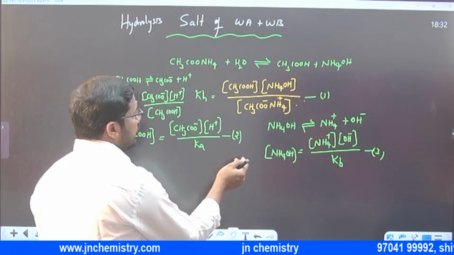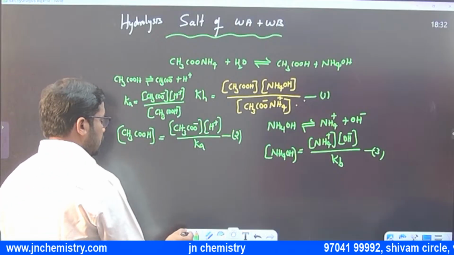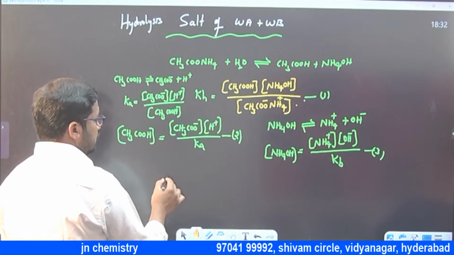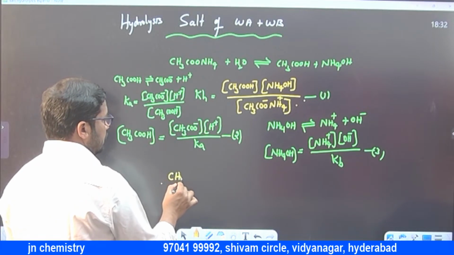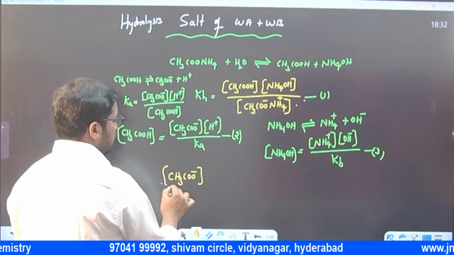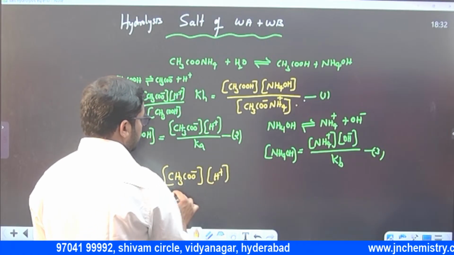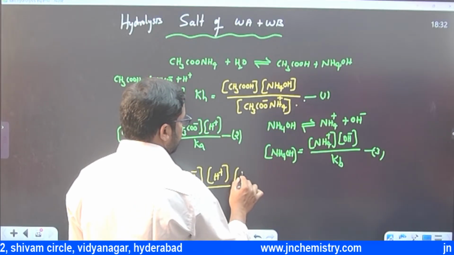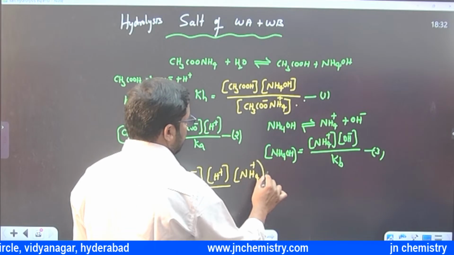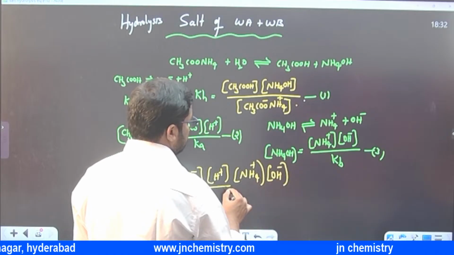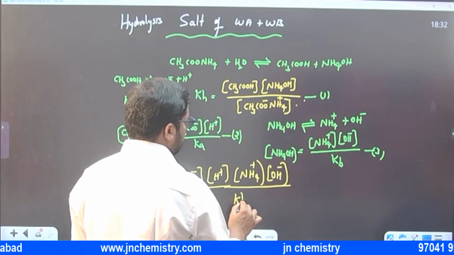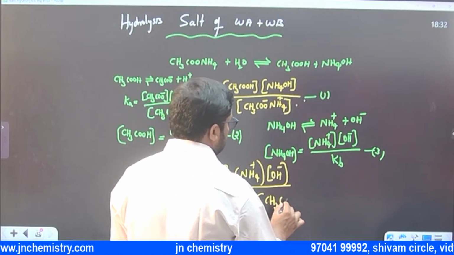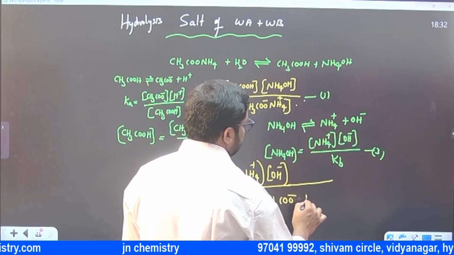I told you how to do yesterday, but I don't know whether you did or not. So CH3COOH, this one, no? CH3COO minus H plus ion concentration by Ka, and NH4OH, this is NH4 plus concentration into OH minus ion concentration by Kb, into CH3COO minus and NH4 plus concentration.